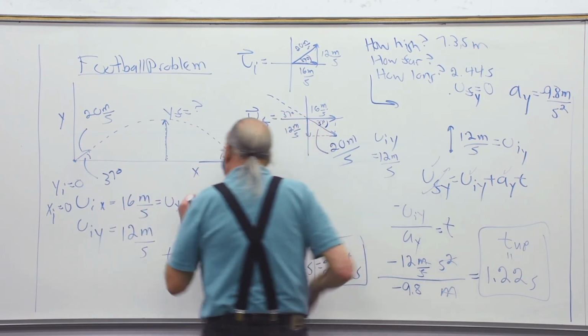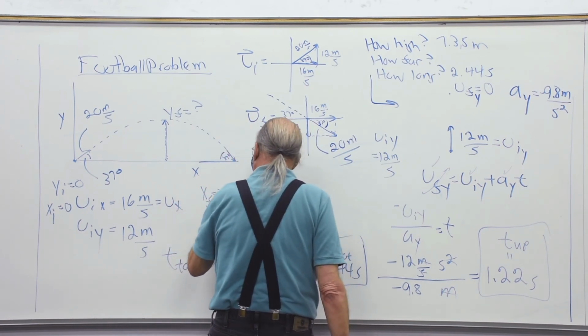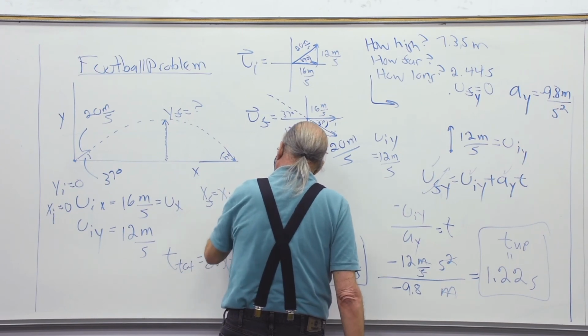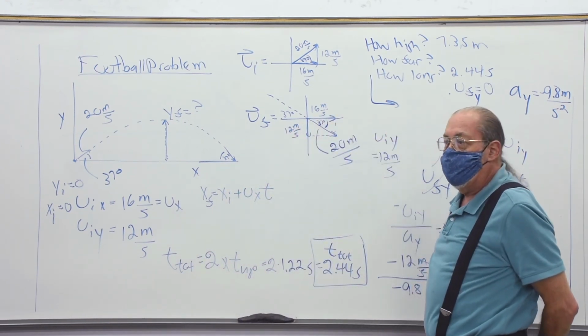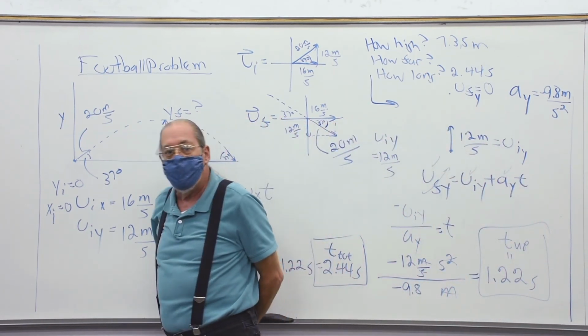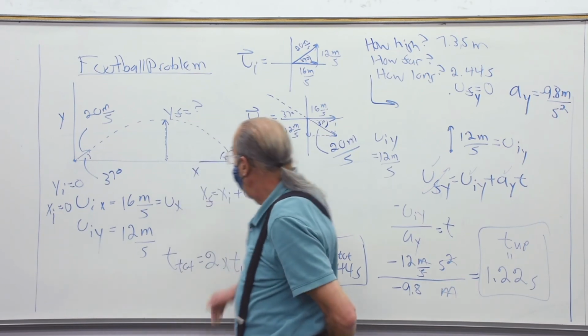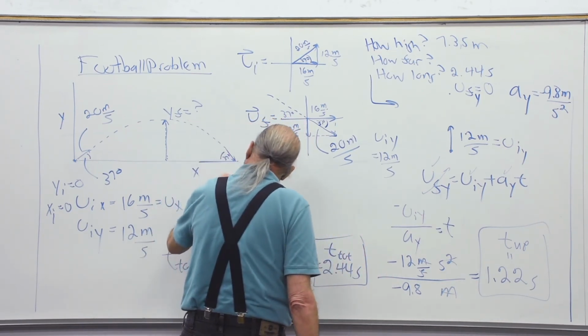We know that x final is x initial plus v sub x times t. If you go to those constant acceleration equations, the acceleration is 0, and x initial is 0.